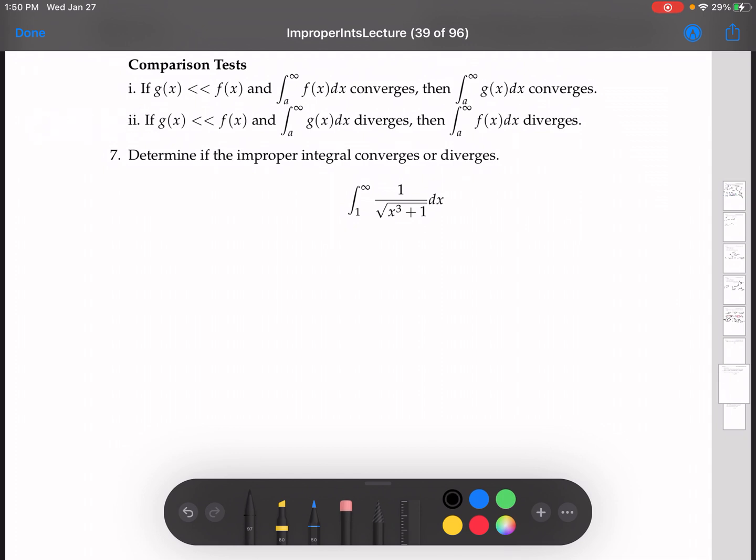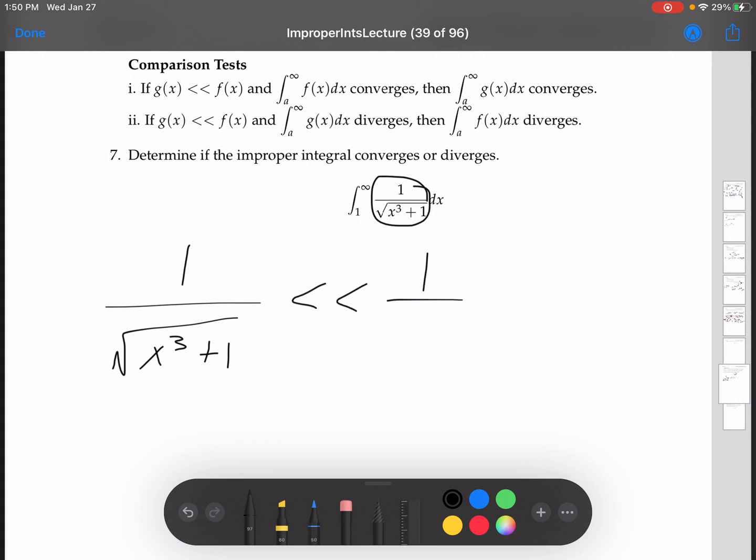So now think about just the thing under, I think they call it the integrand, right? So 1 over the square root of x cubed plus 1, this is smaller than 1 over the square root of x cubed, which is equal to 1 over x to the 3 halves.